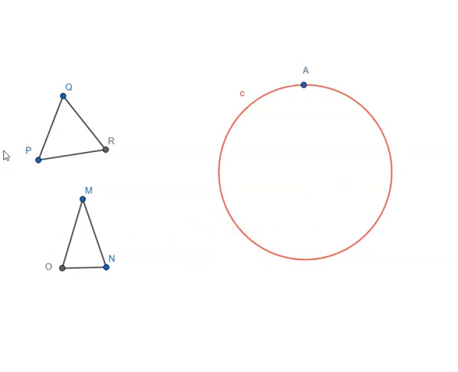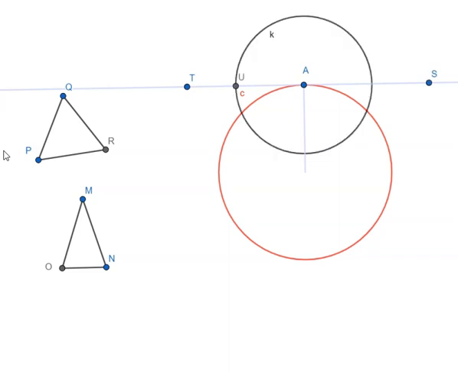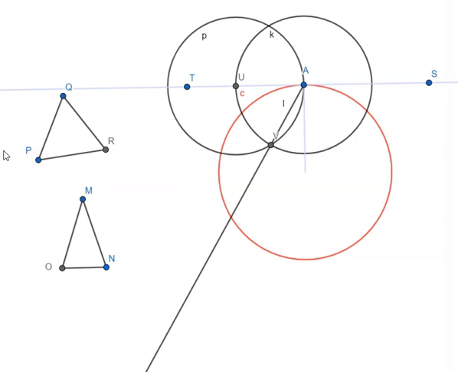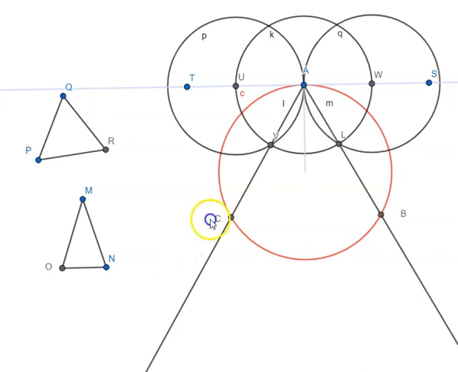Let's take a point A anywhere on the circle. Since we have already done this, I'll just keep carrying out the steps. So we are copying the angles of the equilateral triangle and seeing the intersection of these rays with the circle.